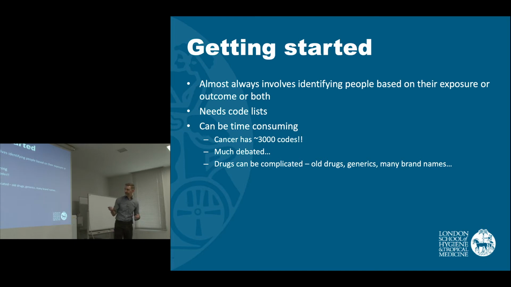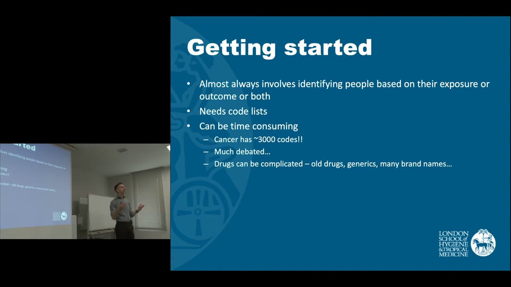So cancer has over 3,000 codes that could be selected in the CPRD. And we as researchers have to put together that list. So that's just a list for cancer with 3,000 codes. If you want to take any other disease, they will all also have similarly very detailed code lists. So it can be a very time-consuming process to put these lists together.